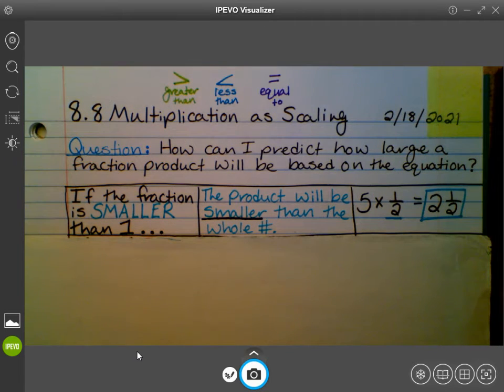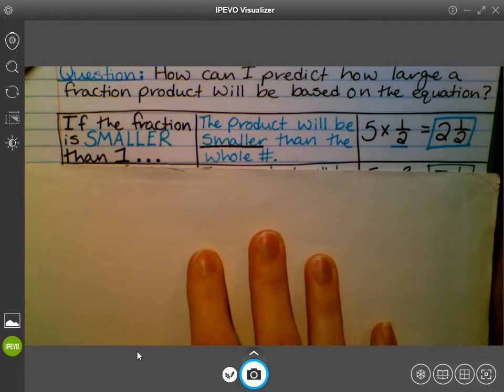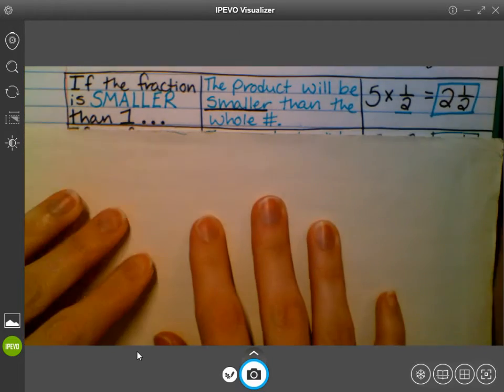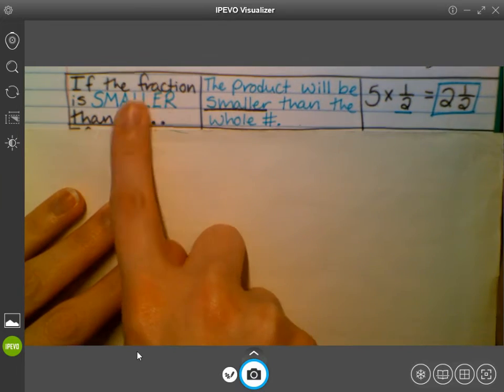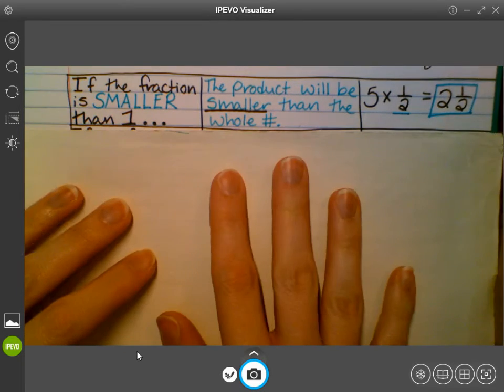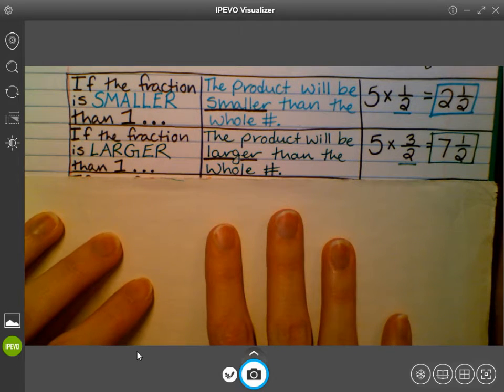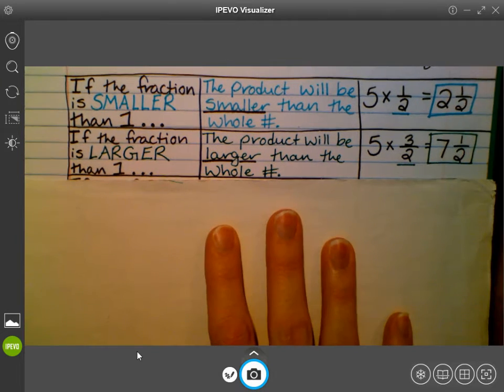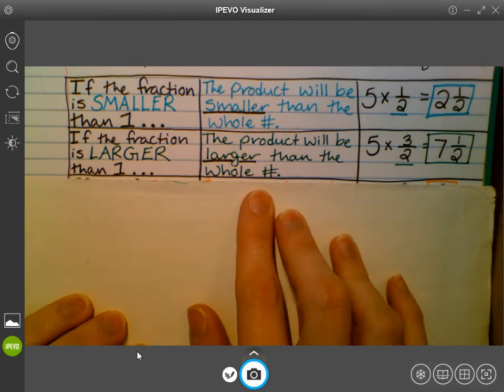Okay, then let's scoot this up to where we can just see the whole table. So if this is our rule for if the fraction is smaller than 1, our next one is if the fraction is larger than 1. If the fraction is larger than 1, the product will be larger than the whole number.